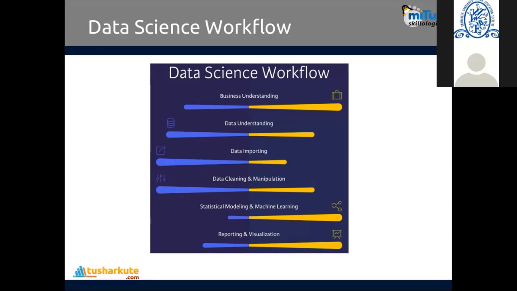The third step, again very important, is data cleaning and manipulation. We have to represent the data for that algorithm. Let's say you want to apply a statistical algorithm on the data. Remember, statistics works only on numbers. If the data that you are giving as input is in string or character format, it will not work. So we have to convert that data into numerical format.